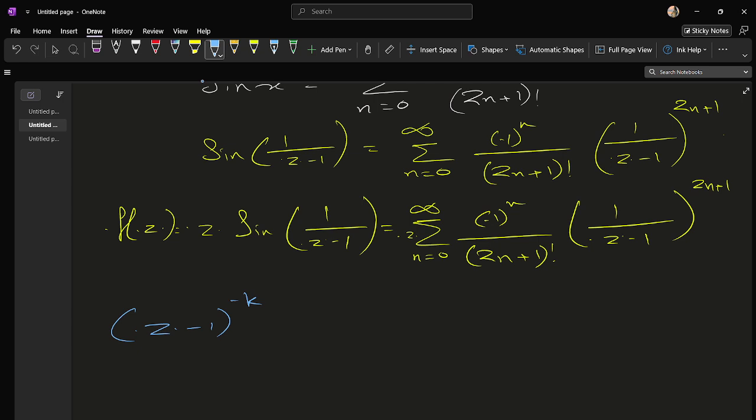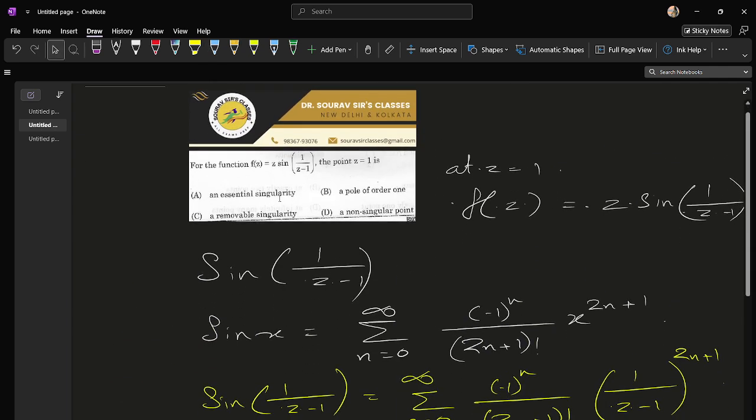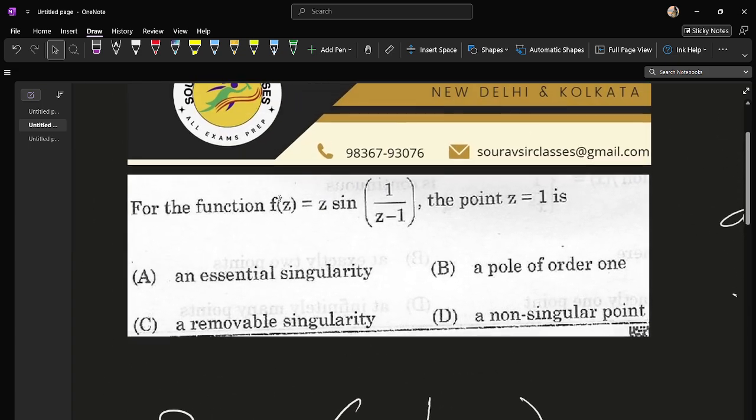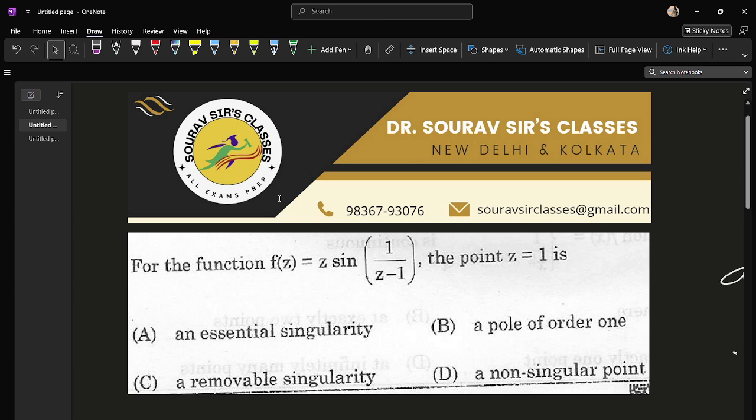Instead, it is an essential singularity. So, conclusion: since z = 1 is an essential singularity, the correct answer is option A, which says the point z = 1 is an essential singularity.